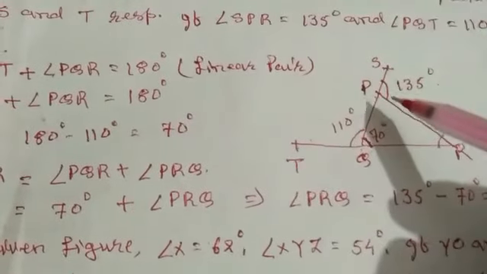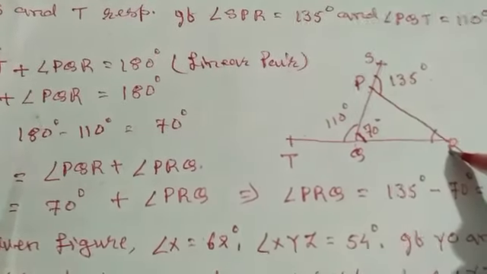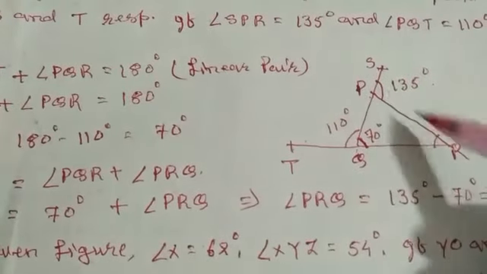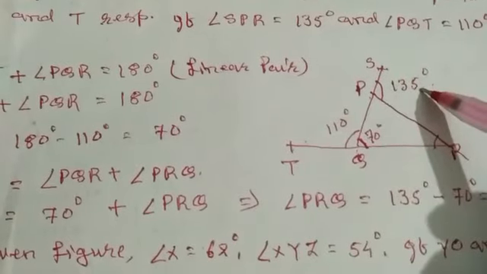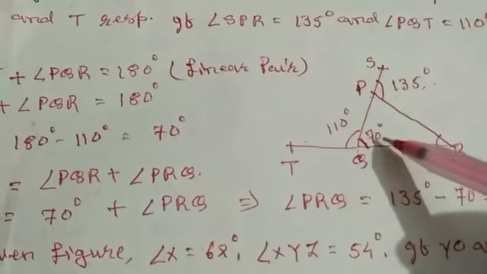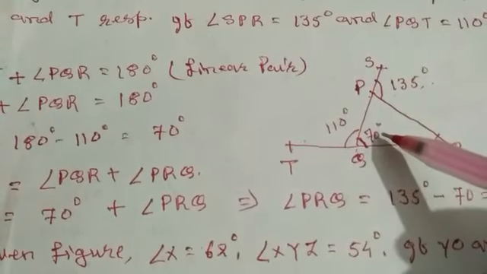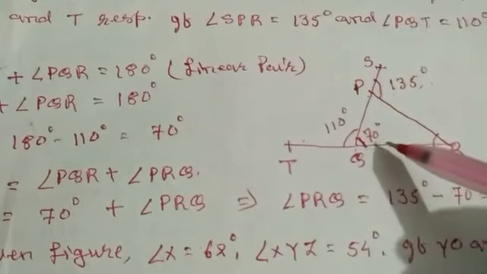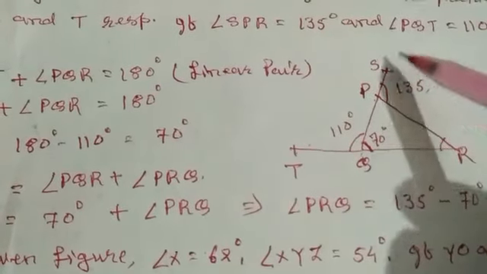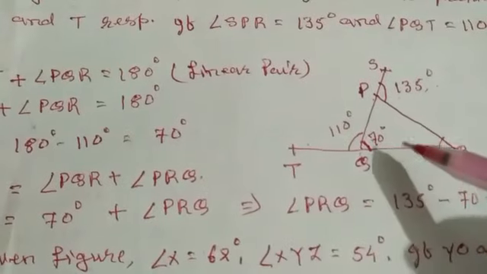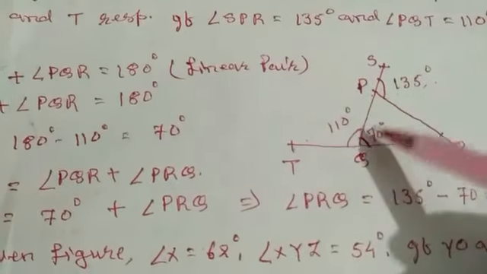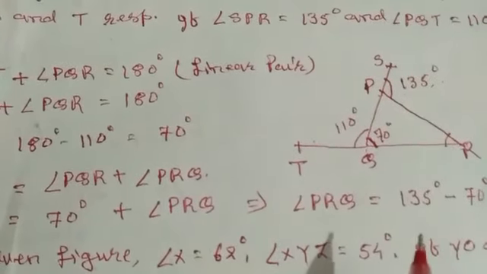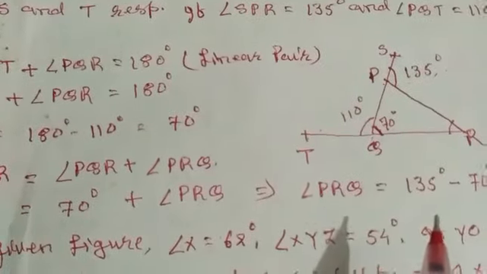Now in the figure, triangle PQR, we have exterior angle SPR equals 135 degree and one of its opposite interior angles is 70 degree. So by the exterior angle property, angle SPR is equal to the sum of angle PQR plus angle PRQ.